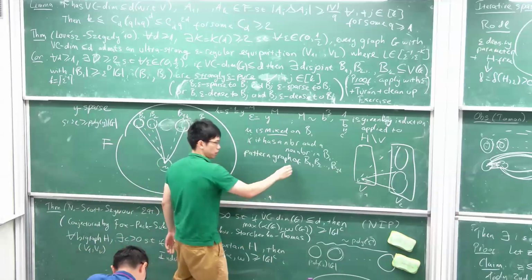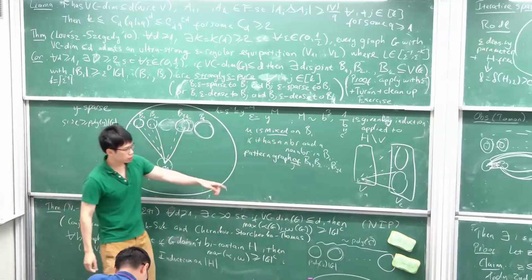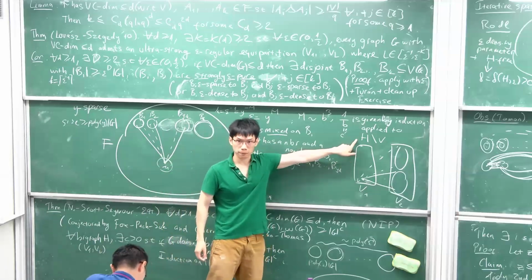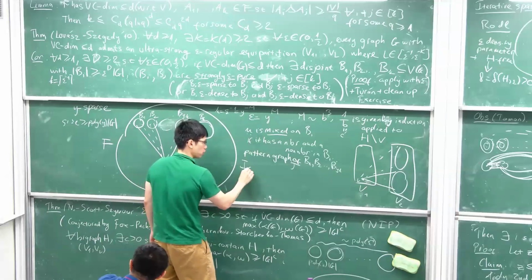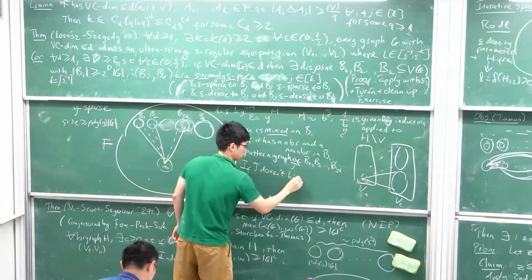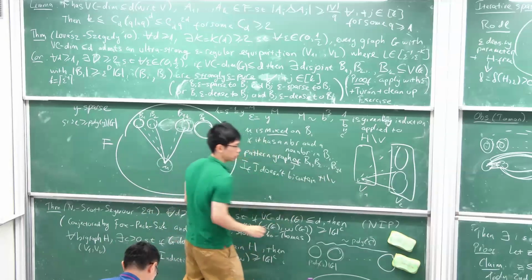Let me say this pattern graph is J. And now I ask, is J going to contain H minus B? So if J doesn't contain H minus B, then what?